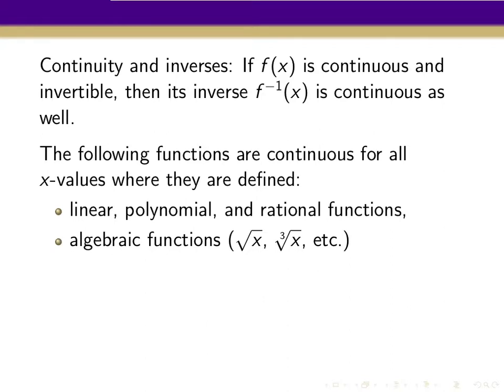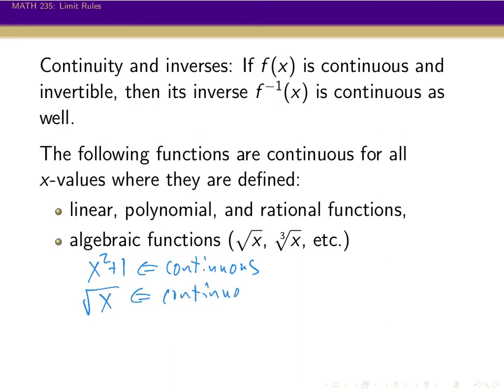compositions of these. And so since we have that x squared plus 1 is continuous, and now we know that square root of x is continuous whenever it's defined. So here, square root of x is defined for x greater than or equal to 0.